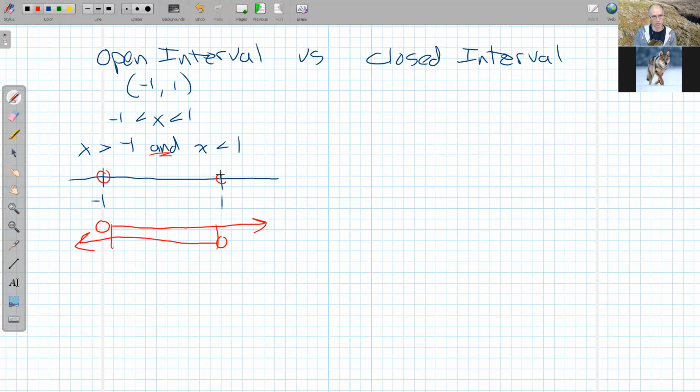So that's this interval right here. Question: what is the largest x value in this interval?